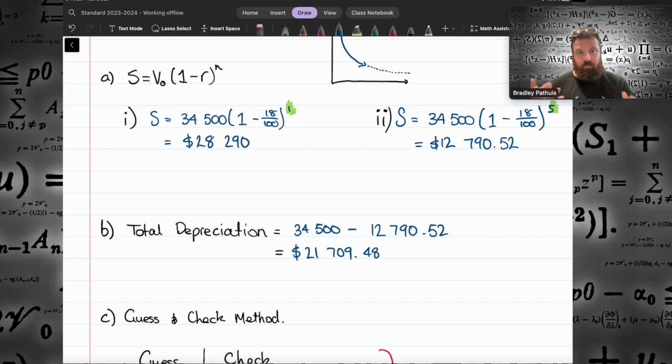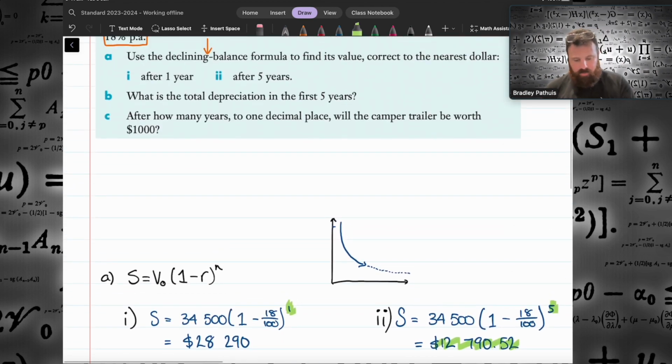So those first two parts of the question, part A and B, that's just a matter of identifying the parts in our formula, substituting into our formula, and particularly part B, using our previous answer to find the depreciation over a given amount of time.